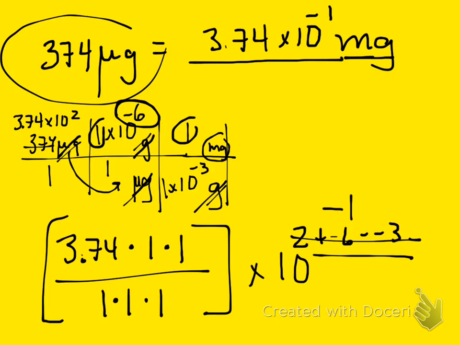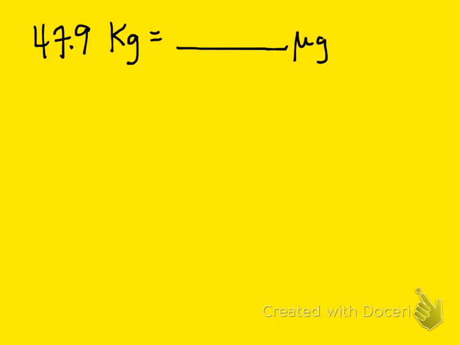Don't screw those up. I'm going to do one more together, and I'm going to turn you loose on a practice sheet. Okay, we have 47.9 kilograms equals how many micrograms? First box is always your given.